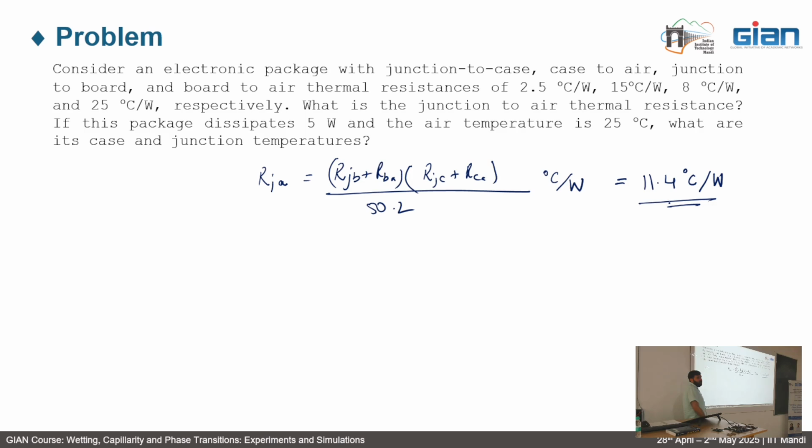Well, in terms of heat transfer, it's a very easy question, right? So just try, maybe it will be a revision for you also.